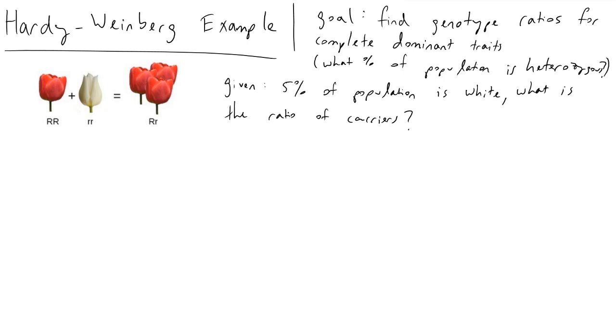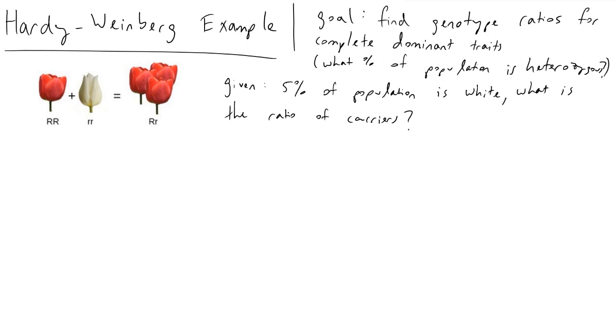Based on a patch of tulips that I've examined, I've found that 5% of them are white. The question is, what percentage of the tulips can we estimate with some statistical accuracy are going to be heterozygous, carriers for that white gene?